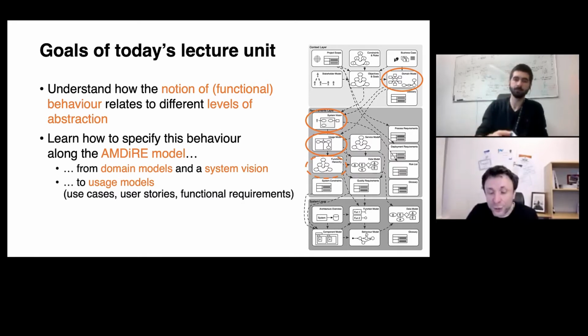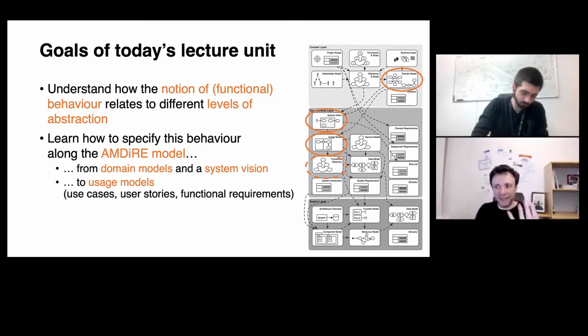Now, the good news here, in contrast to non-functional requirements, as we will see, is that there is a certain consensus, a certain agreement between all these different definitions, which gives us the privilege to take a more pragmatic perspective and concentrate really on the essential concepts, so how these different techniques relate to each other.